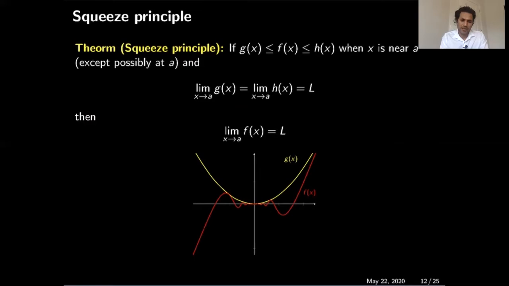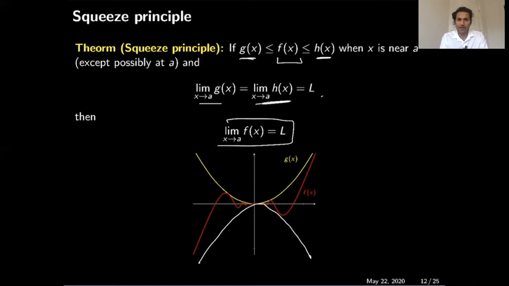The squeeze principle says that if your function is squeezed between the two functions f(x) and g(x), and they are approaching the same limit L as x approaches a, then the function which has been squeezed between these two functions will also have its limit go to L. For example, you can see the situation in this diagram, where the f(x) and h(x) functions squeeze the function, and since the limit of both approaches 0 as x approaches 0 in both directions, this function has been squeezed between the two.